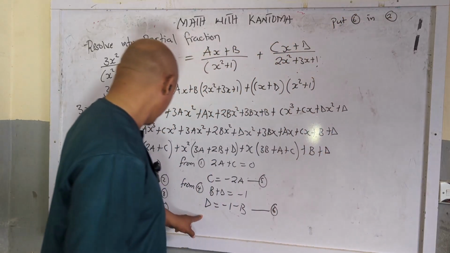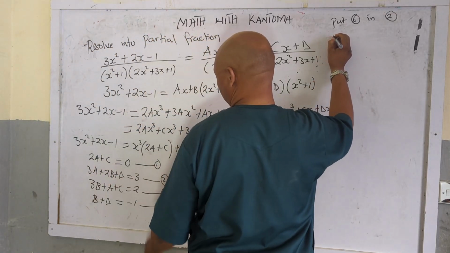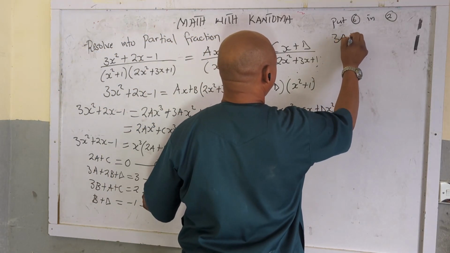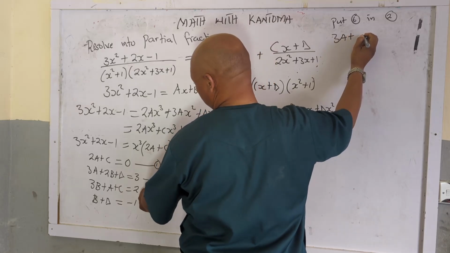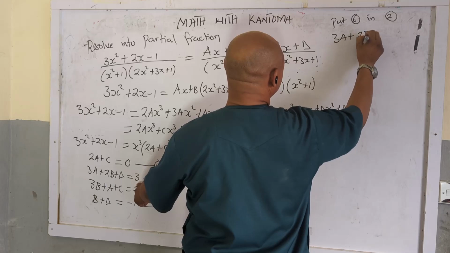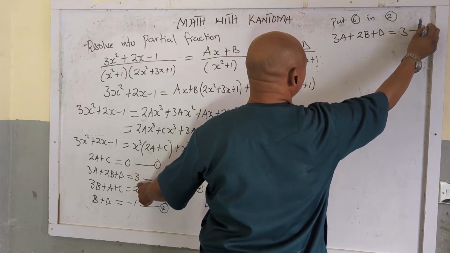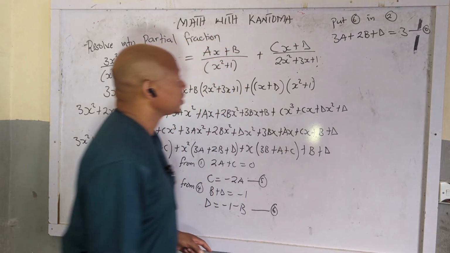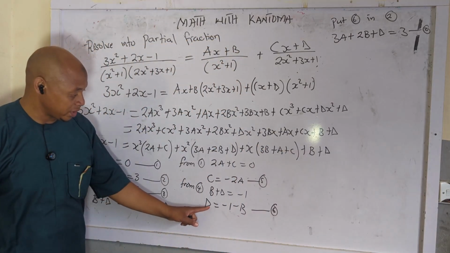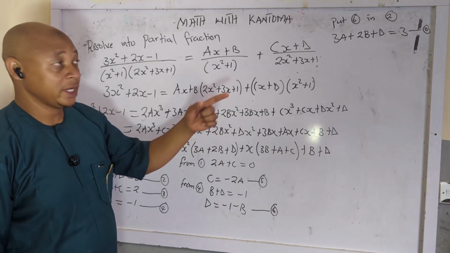And equation 2 is this. Equation 2 is 3a plus 2b plus d is equal to 3. This is equation 2, right? So now we are putting equation 6 in equation 2, meaning we are substituting the value of d in equation 2. So now we put the value of d in this equation.